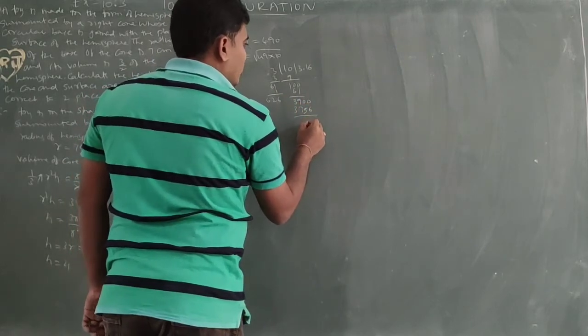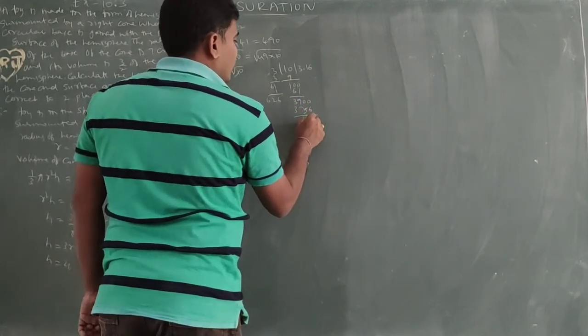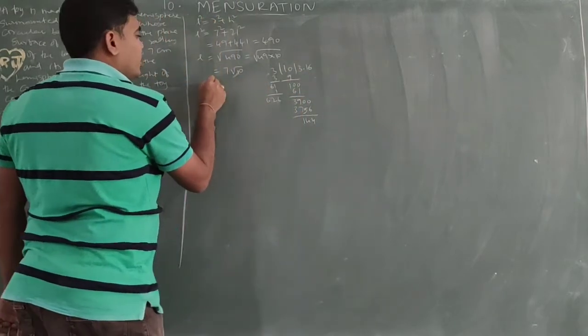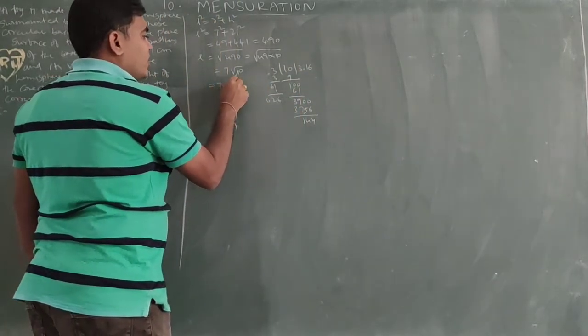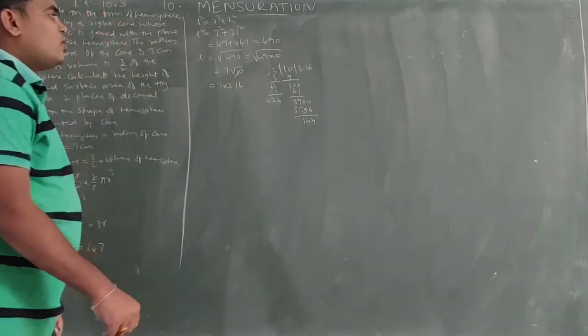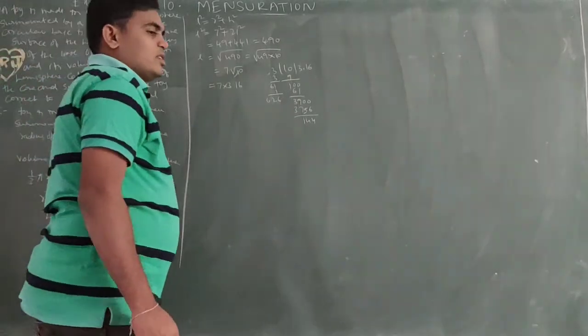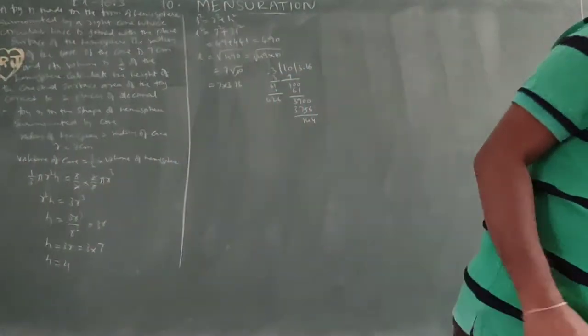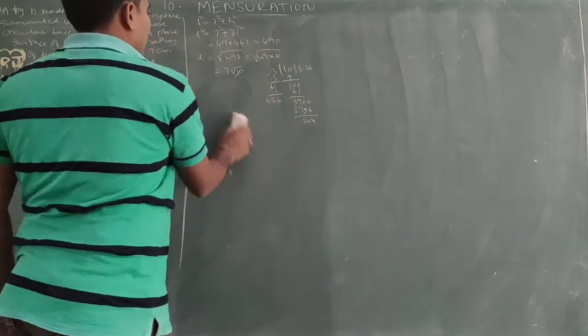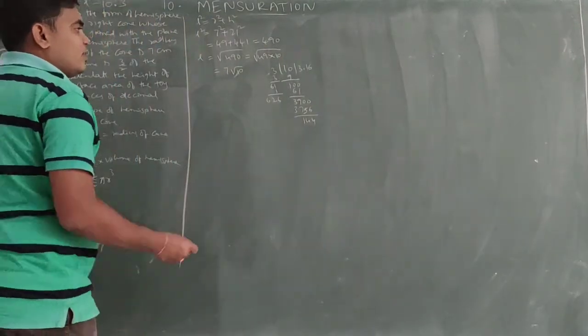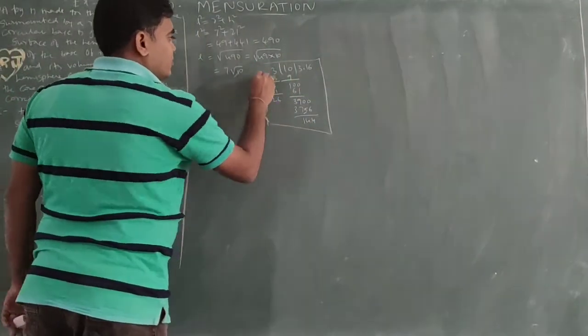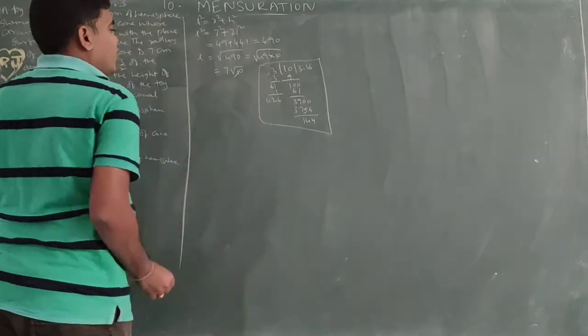So root 10 value is 3.16. Later I want to substitute this one. Now the l value is 7 root 10, and root 10 value is 3.16.